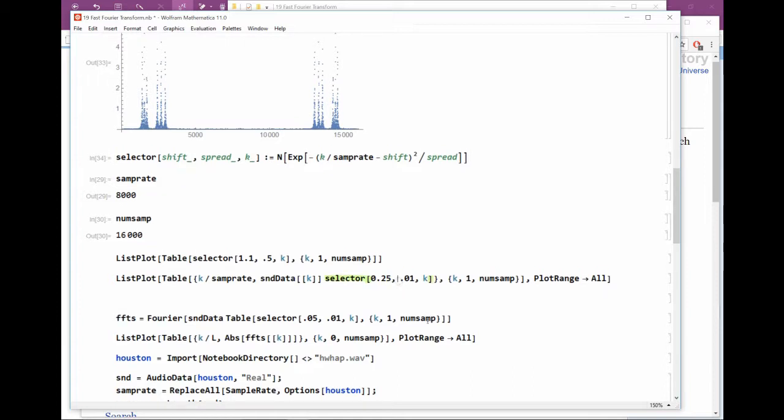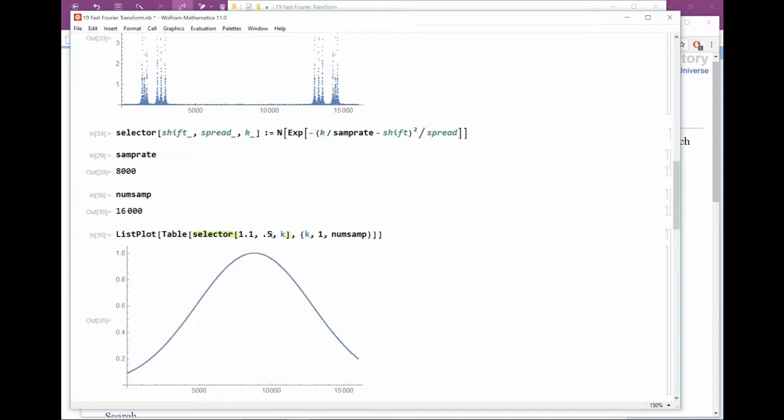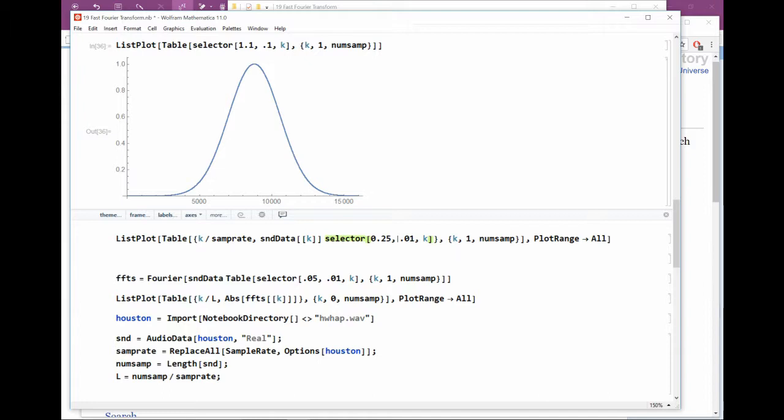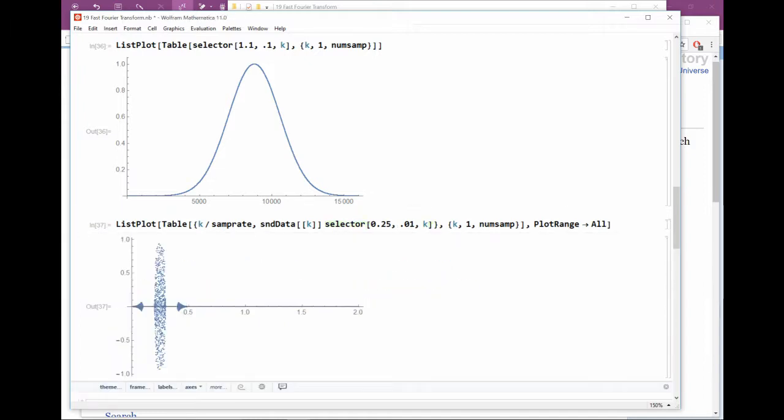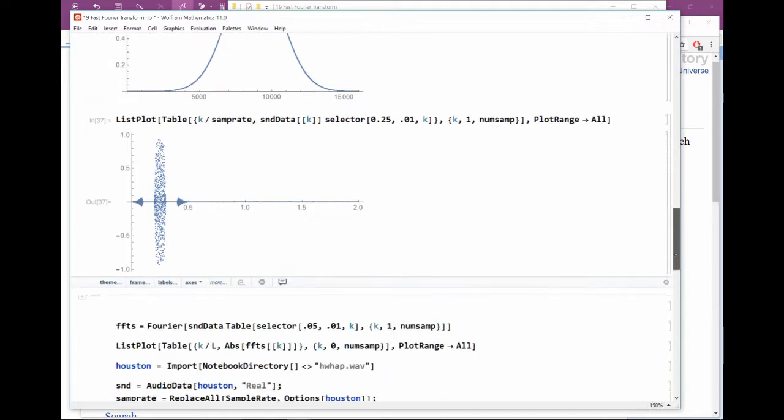The second parameter is the spread of my selector, so 0.1 is a parameter that works very well. The selector is just a graph of a Gaussian that is very close to 1 at a particular time and very close to 0 everywhere else. So 0.1 is a very narrow selector, and this is the effect of this selector applied to my signal. So I singled out the second digit that was pressed.